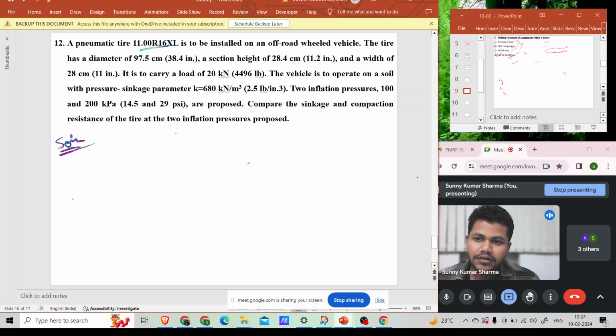A pneumatic tire, with this designation, the tire diameter is given as 97.5 centimeter, section height 28.4, and width is also given as 28 centimeter. It is to carry a load of 20 kilonewton.